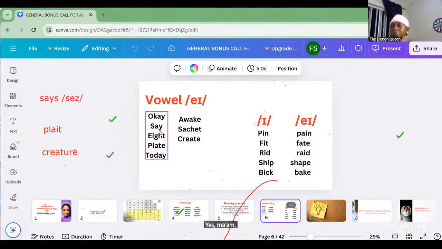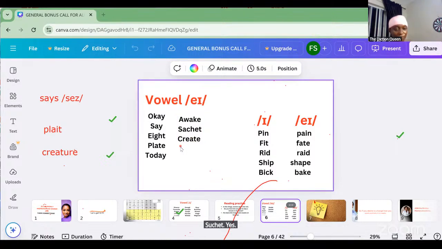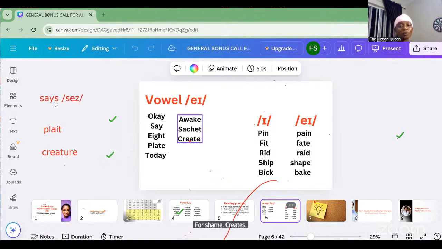Late. Today. Awake. Sachet. Create. Not sachet, sachet. Create. Correct. Thank you. So, calling another person. Please mute yourself, ma'am.